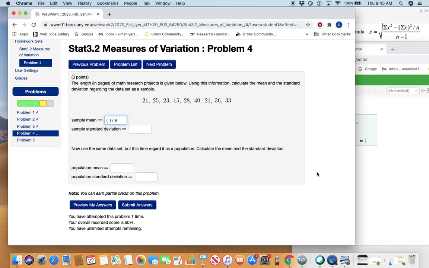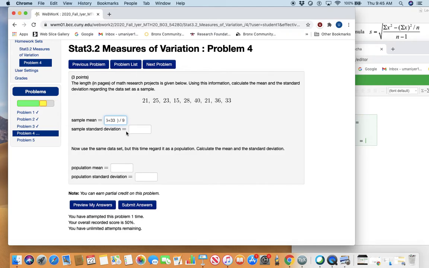I'll just add it all up here: 21 plus 25 plus 23 plus 15 plus 28 plus 40 plus 21 plus 36 plus 33. Remember there is a parenthesis. You're adding them all up and then dividing by 9.